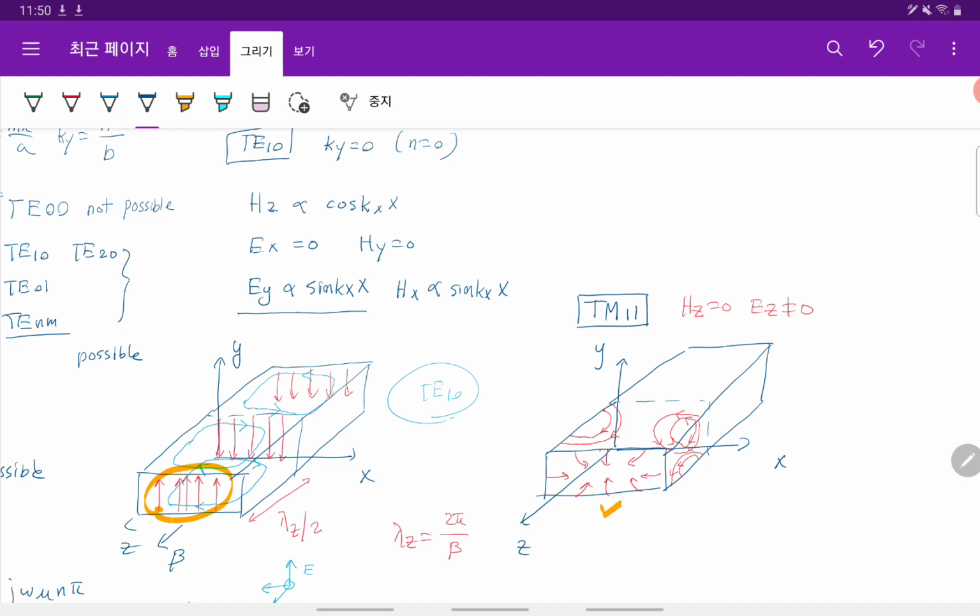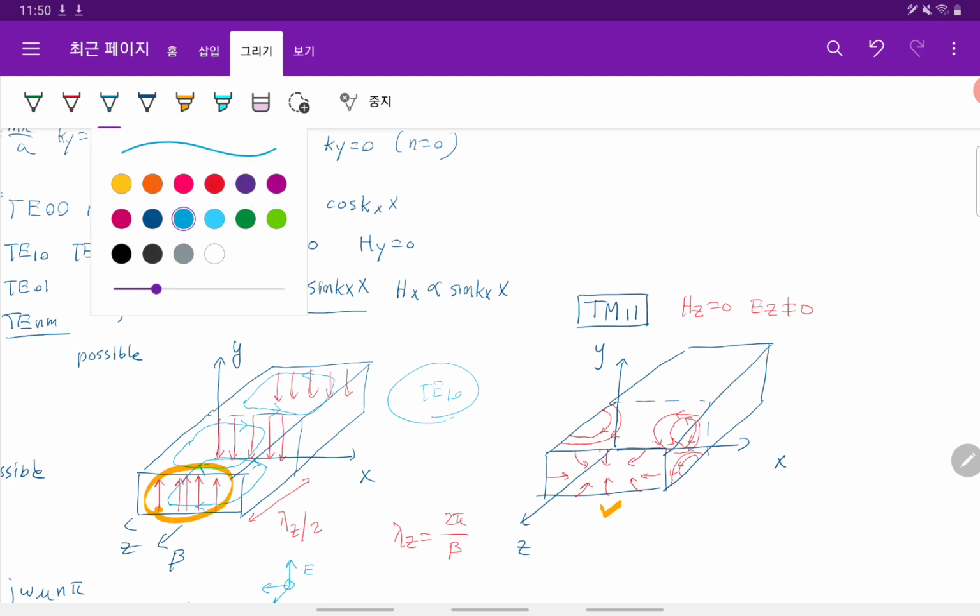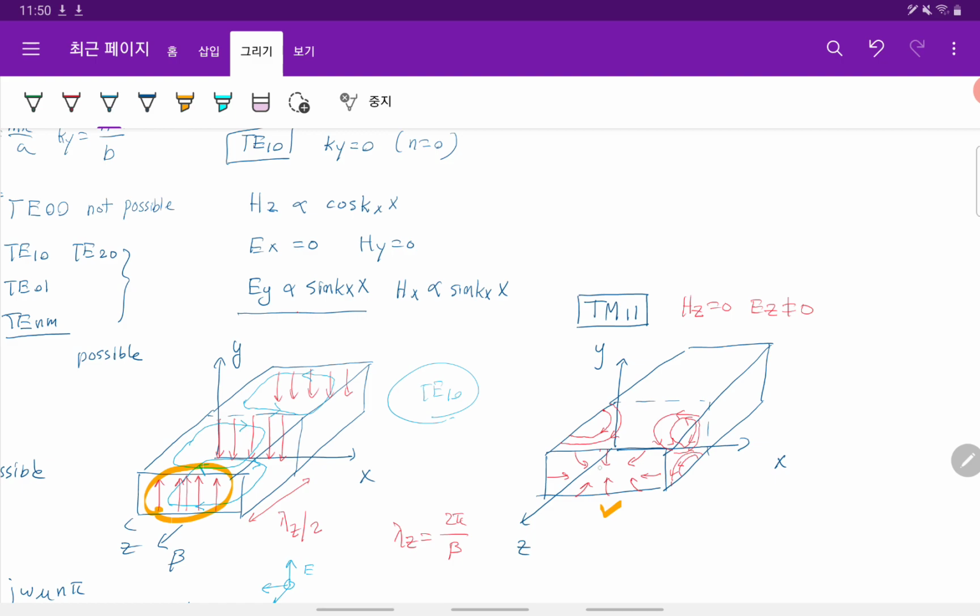And then the H field, it's following this. So the H field should be tangential to all the surfaces, right? So that pattern will be like this.